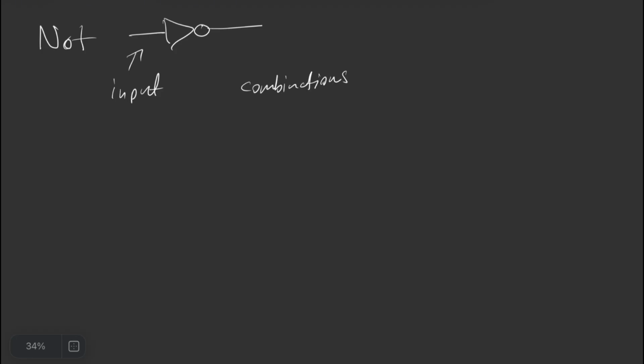And now for our NOT gate. For our NOT gate, we're only going to take one input, or our inverter. So our combinations will be 2 to the power of 1, which is 2. Because our NOT gate only takes one input, we're going to have X, we're going to have our output, we're going to have 0, we're going to have 1.